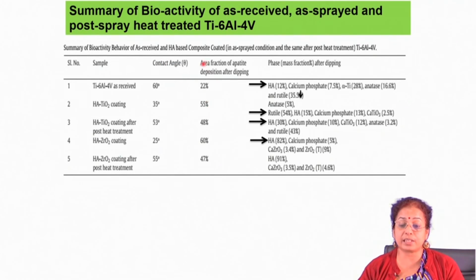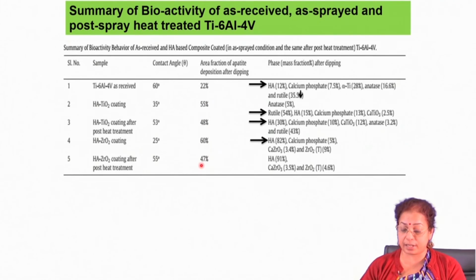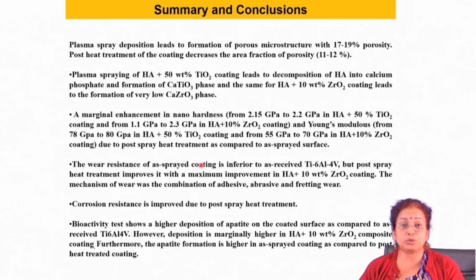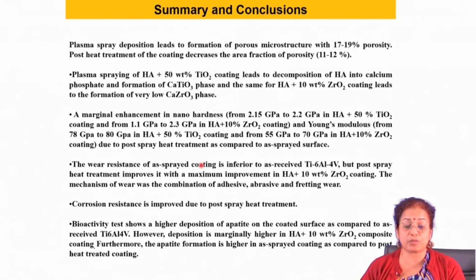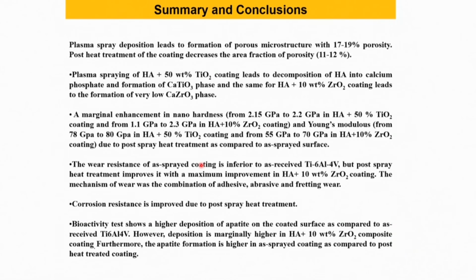We found that the area fraction of apatite formation was increased by this coating, which is quite natural because you have hydroxyapatite in the coating. We finally tried to optimize the heat treatment parameters and found the optimum composition to be 10% zirconia after heat treatment, where wear resistance was enhanced as well as the bioactivity.